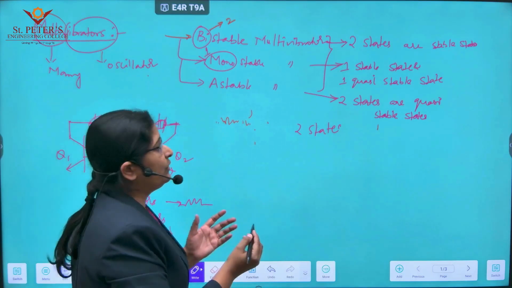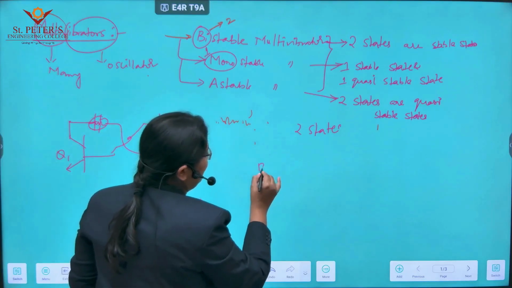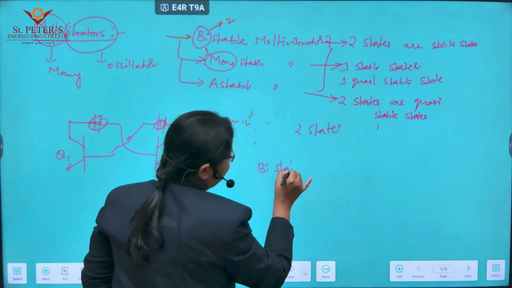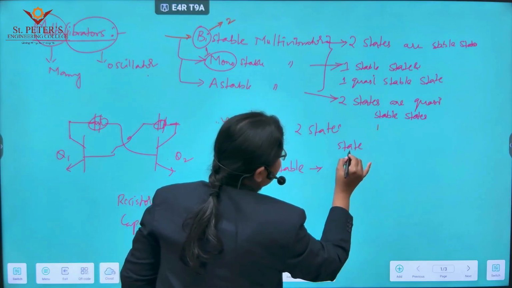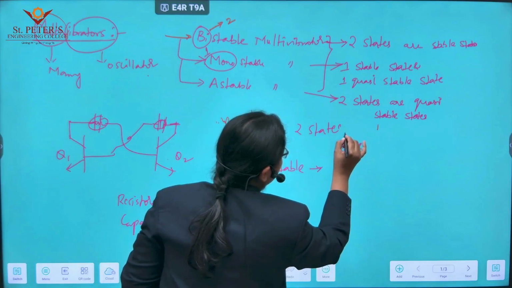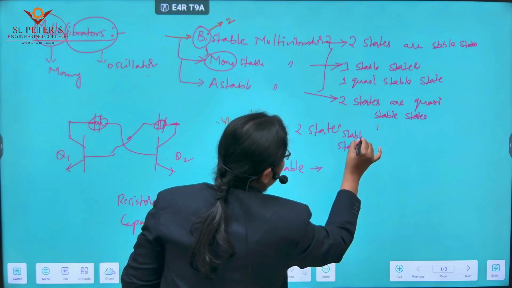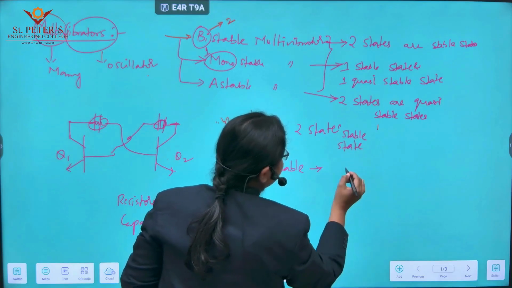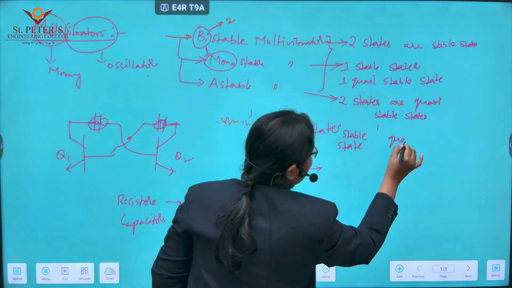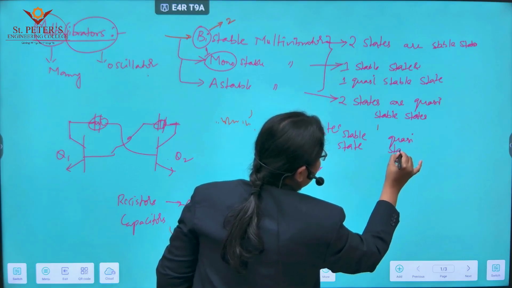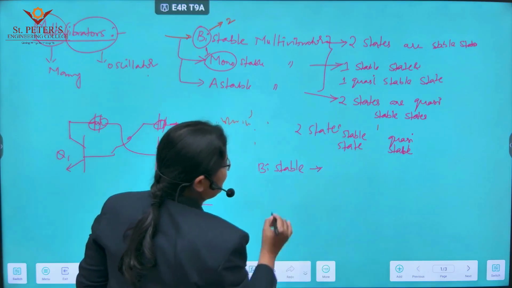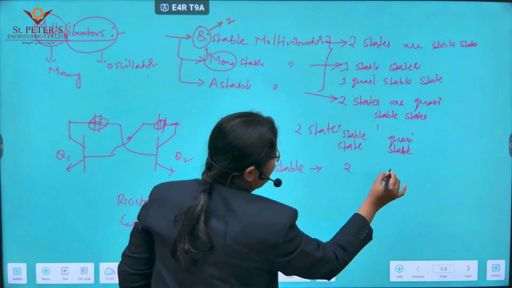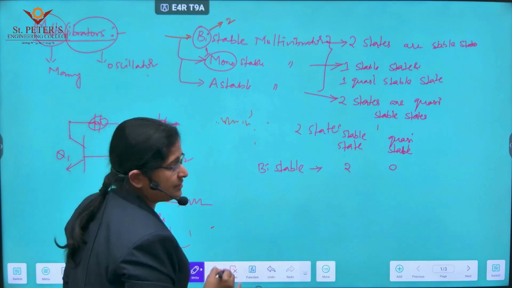So overall, if you give a comparison of stable states and quasi states: in bistable we have two stable states and zero quasi-stable states.